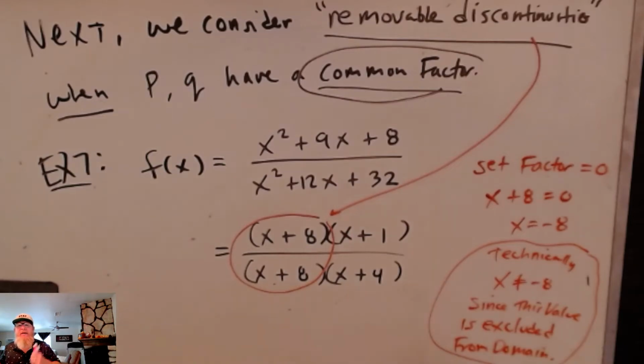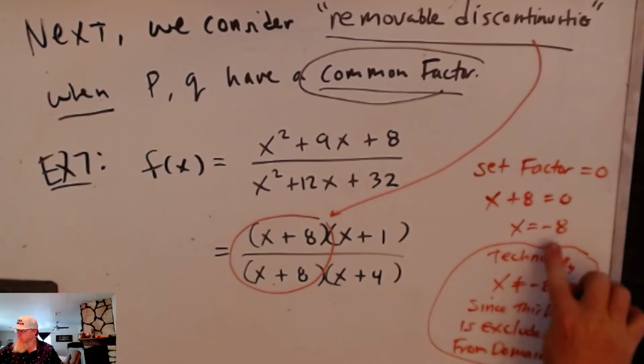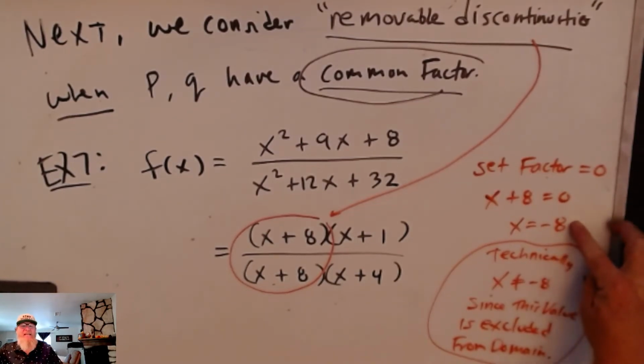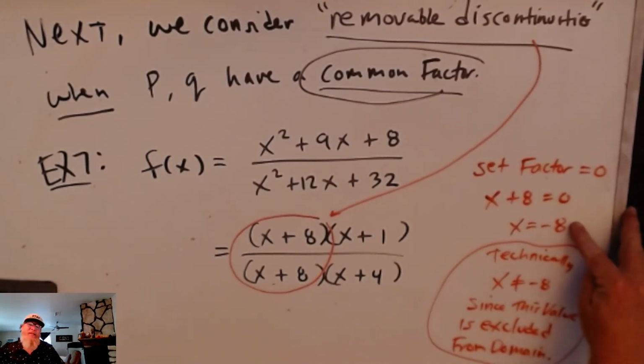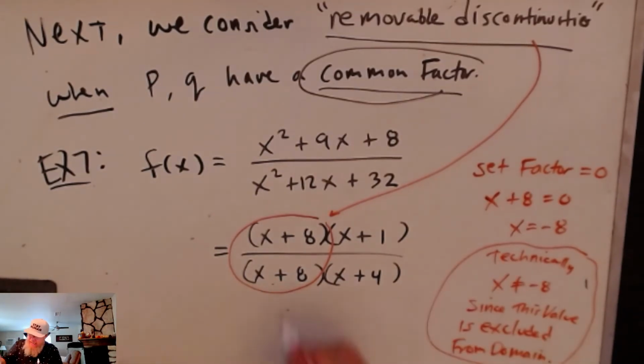And I'm saying that as a technicality, because I want you to actually give me the number -8. I don't really want you to say it's not equal to that. I want you to say the removable discontinuity is equal to -8.